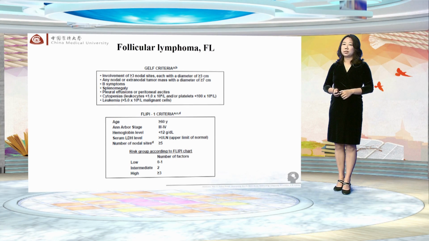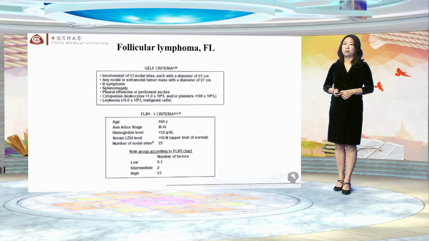For better prognostic assessment, the follicular lymphoma international prognostic index, FLIPI, has been designed based on the following 5 features with significant prognostic impact: age above 60 years old, Ann Arbor stage 3 or 4, elevated LDH, hemoglobin less than 12, and more than 4 nodal sites, with each feature scored as 1 when present.